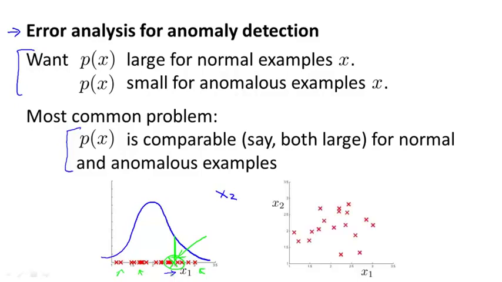And if I manage to do so, the hope would be that when I replot my data with this new feature x2, all my normal training examples are these red crosses here, and for my anomalous example, the feature x2 takes on a very unusual value.